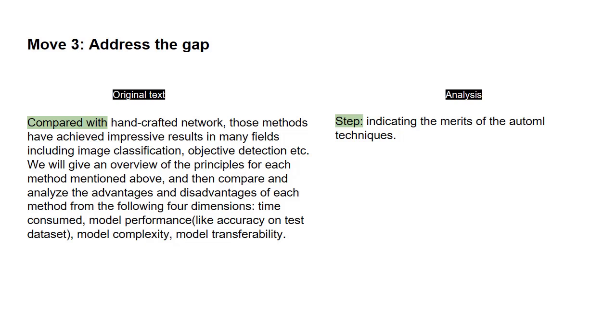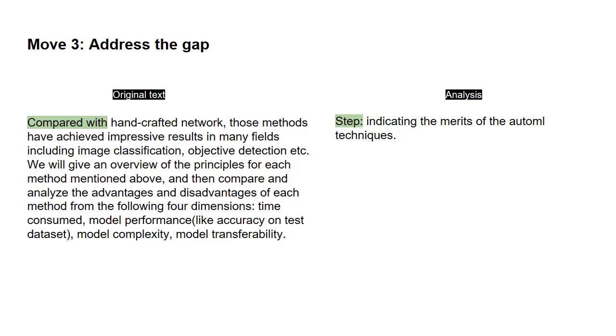And in this sentence, it indicates the merits of the AutoML techniques. AutoML methods have been applied in many fields, including image classification and object detection, and those fields are also being researched by traditional networks.